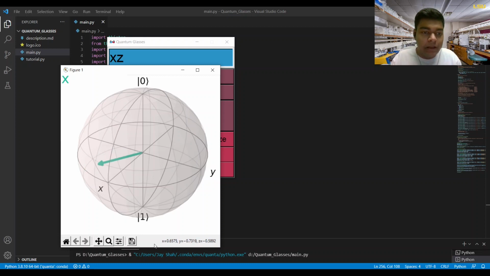But let's see what happens next, because we had that minus sign, so we were not getting directly the 1 ket. But you can see that it still just stays there on the 1 ket. So there was no difference; that minus sign doesn't make much of a difference there.